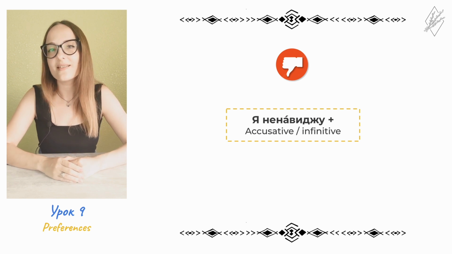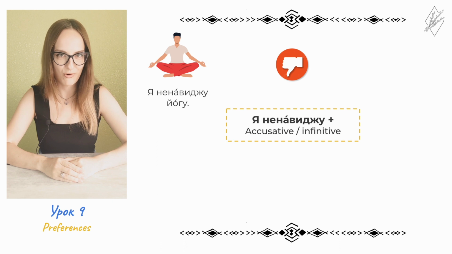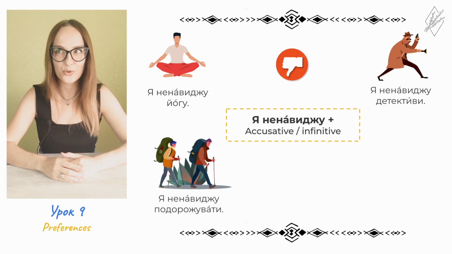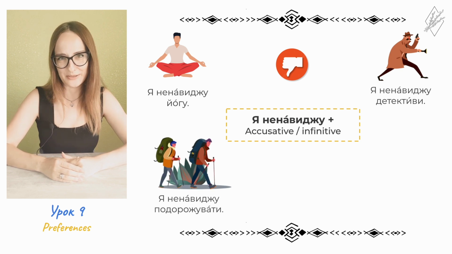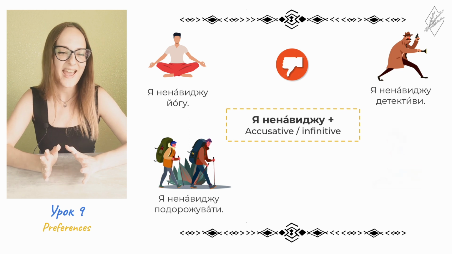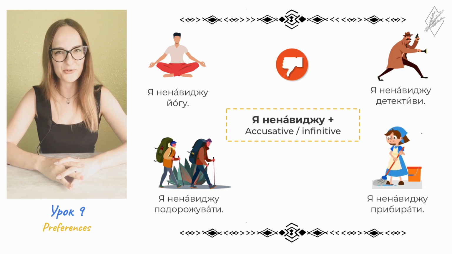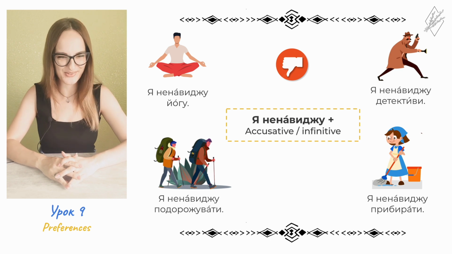So, я ненавиджу йогу. Я ненавиджу детективи. Я ненавиджу подорожувати. Well, a little bit strange structure, but still. And я ненавиджу прибирати. This structure you can hear more often, of course.